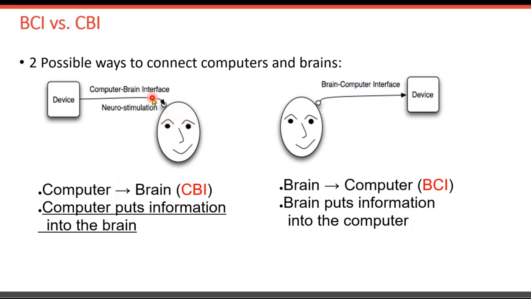Also, there are other brain disease conditions such as epilepsy. In practice, we can see CBI systems being used in clinical areas. The aim is to stimulate certain parts of the brain to disrupt or to change the way the neural connections in the brain work.